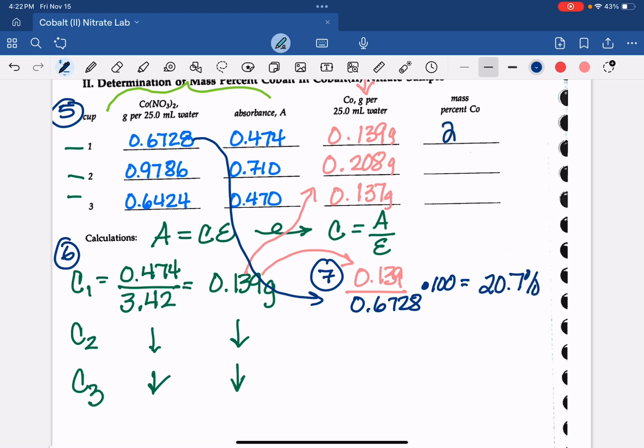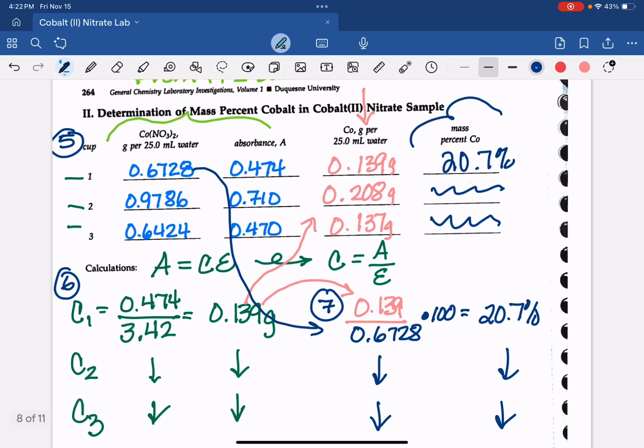Okay, so that goes here, 20.7%. Okay, now you're going to go through and you're going to do the exact same thing for your other ones. All right, so you're going to get a value here and you're going to get a value there. And those are your mass percents for your cobalt. Okay, now once you have that finished, you are really coming down the home stretch.